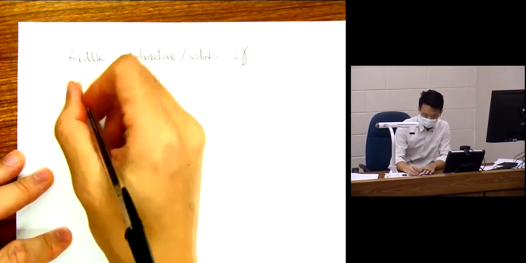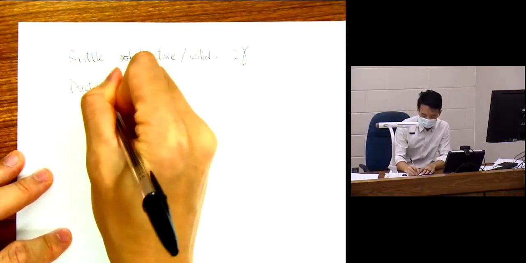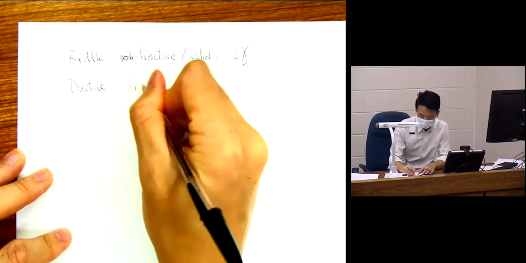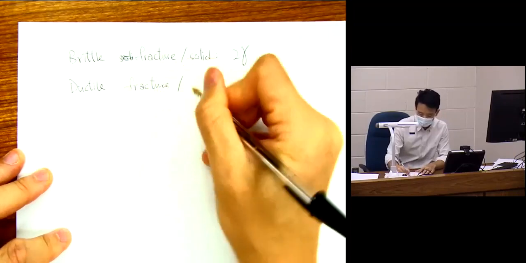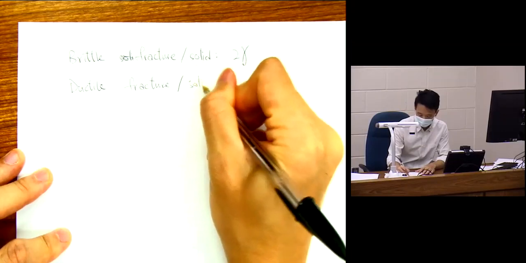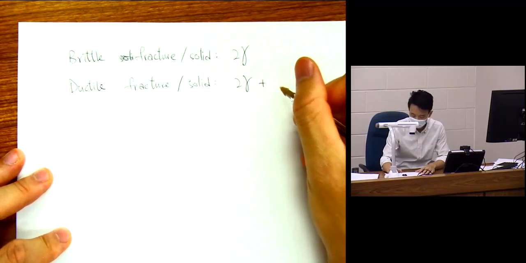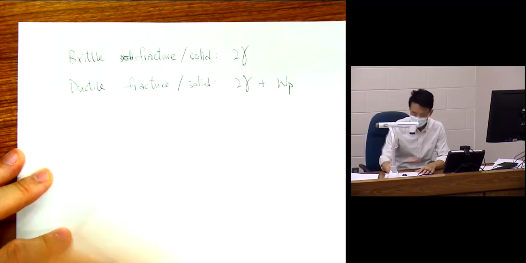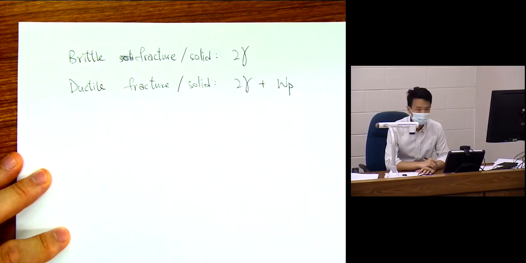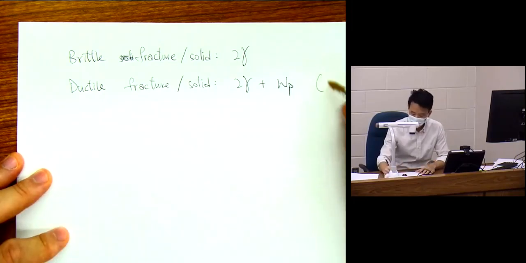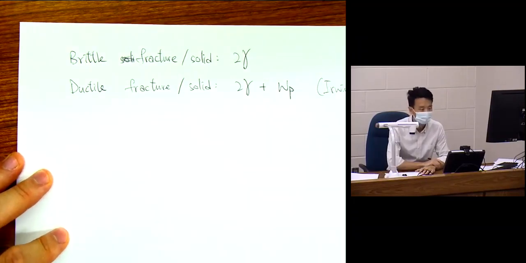But for metals, or for ductile materials like steel, the resistance to fracture has one more component, which is W_p, the plastic work, the energy dissipated because of plastic deformation. And this is due to Irwin and Orowan.